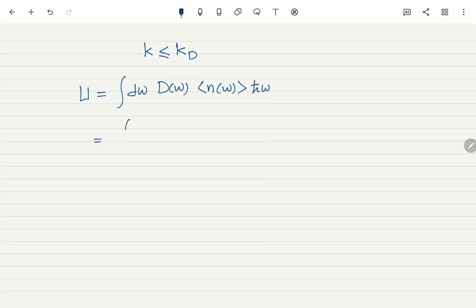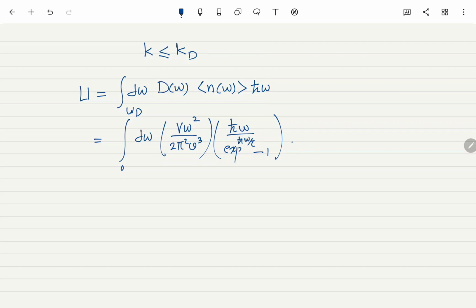In other words, it's equal to the integral from 0 to omega d of d omega, V omega squared divided by 2 pi squared v cubed times h bar omega over exponential of h bar omega over tau minus 1. And this one here is for each polarization type.